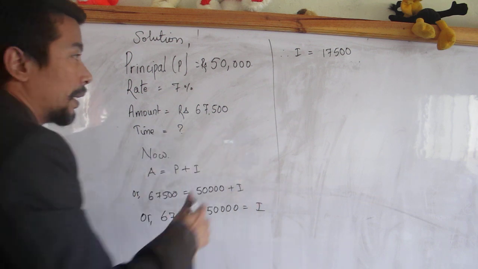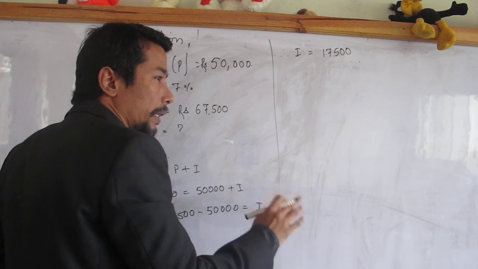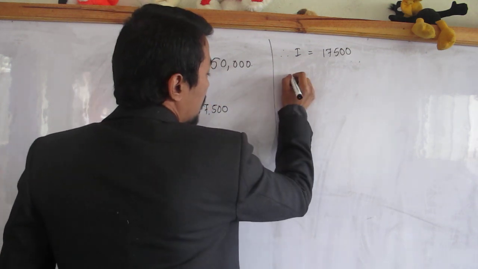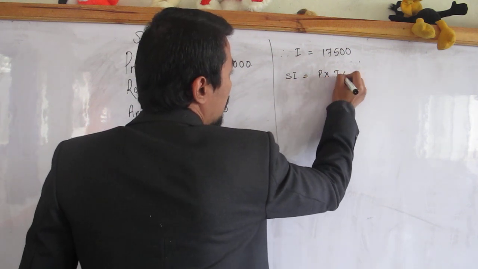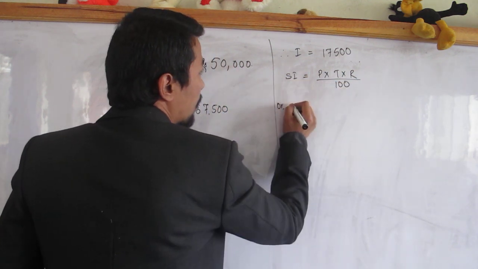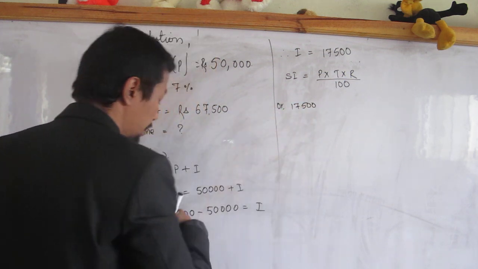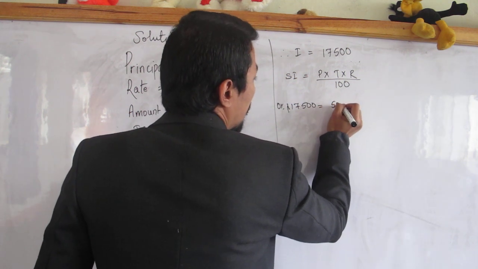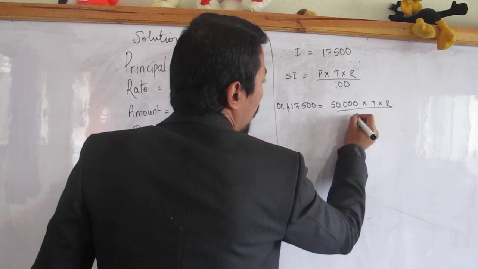Now we have interest. We need to find time. You can use the formula for time, or I'll write the direct formula as well. First, the formula that we learned: simple interest is equal to P into T into R upon 100. We have simple interest, so we put the value of simple interest, 17,500 rupees, equal to P, which is 50,000, times T times R upon 100.